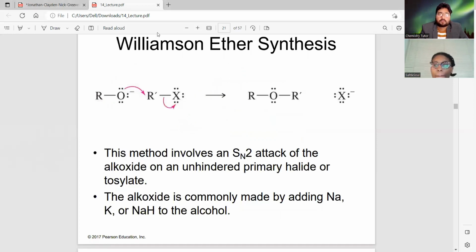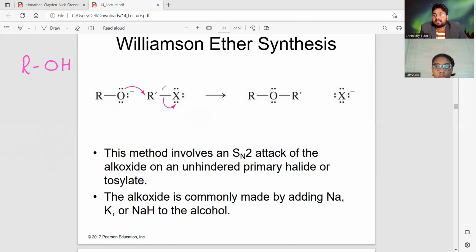Now, very important question. Williamson ether synthesis, a very important reaction. This reaction is completed in two steps. In the first step, we have an alcohol, ROH, not aromatic alcohol, aliphatic alcohol.